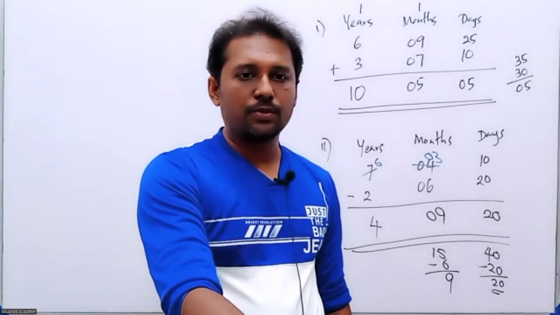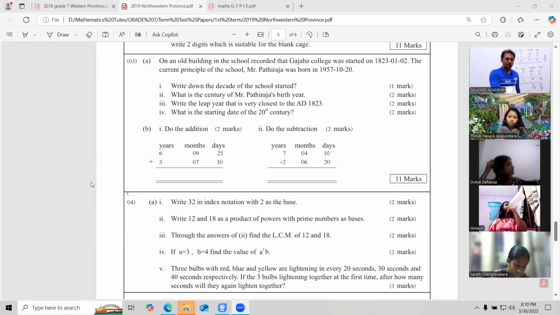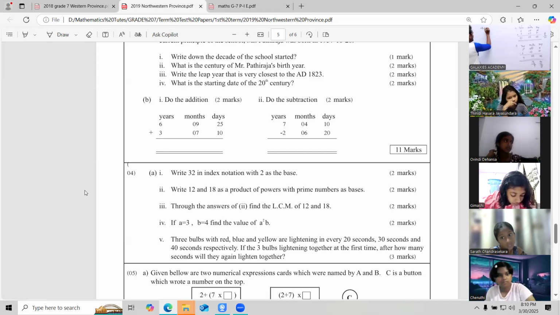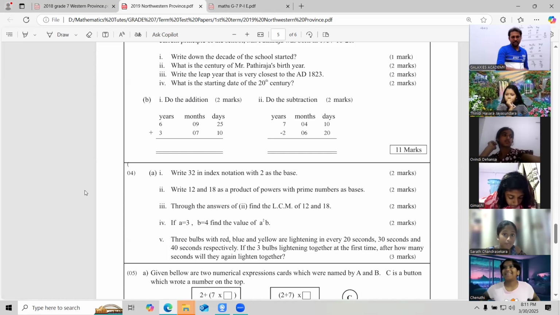Right. Then let's go to the next question, number 4. The fourth question has 5 subparts. Simple, A, first one. Write 32 in index notation with 2 as the base. Right.